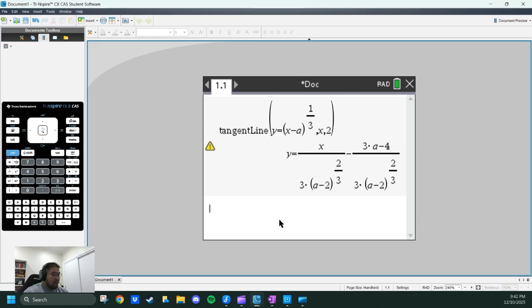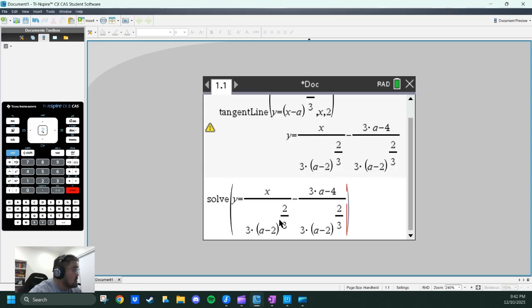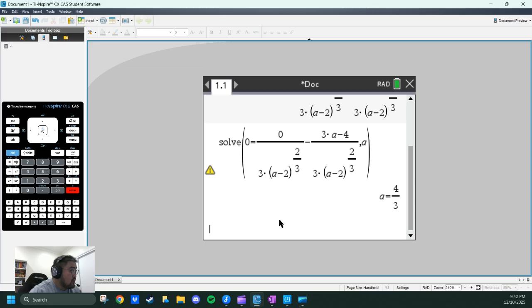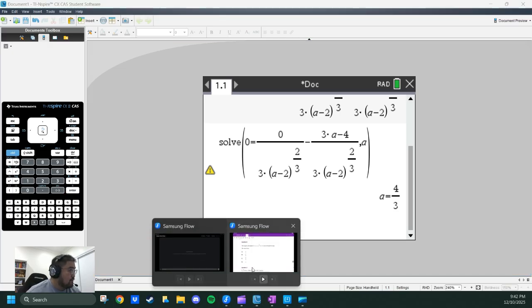Okay, so from here, let's use solve, open bracket, that, comma, a, but every time we see a y, let's substitute 0 into here and substitute x into here, because it's the origin, and we get 4/3 as our solution.